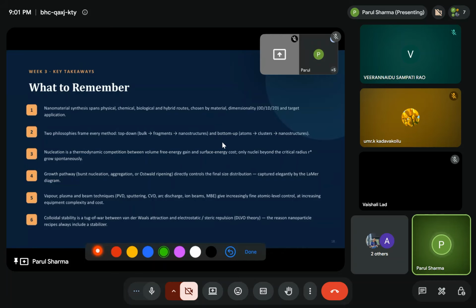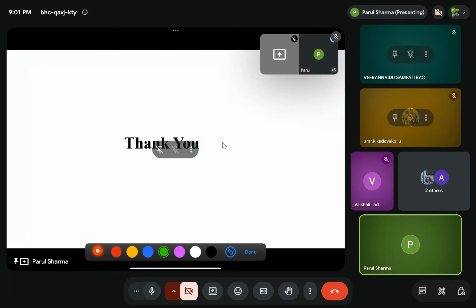Then we saw various techniques like CVD, PVD, MBE, and lithography techniques, and DLVO theory, which tells us the stabilization of the nanoparticles. So this was all about today's lecture. If there is no doubt, then we can hang up the call.